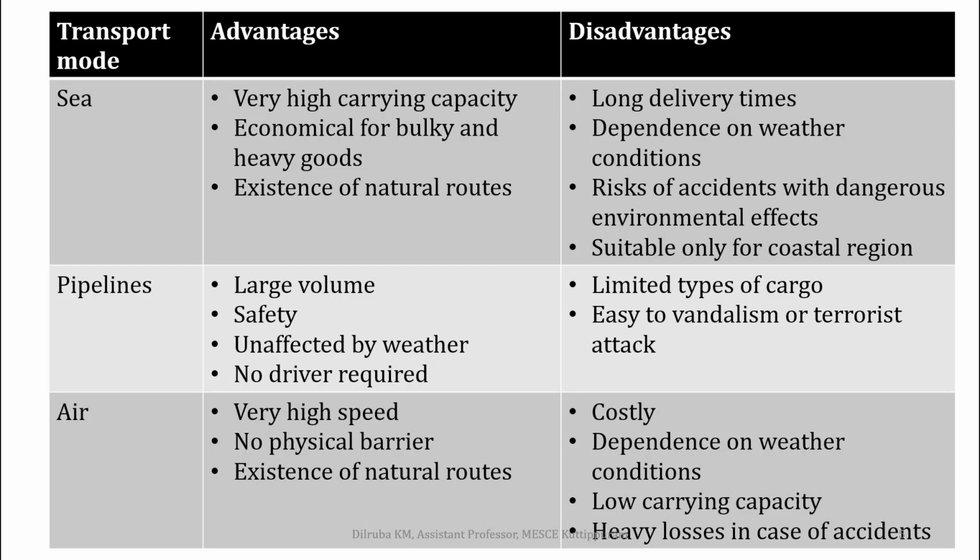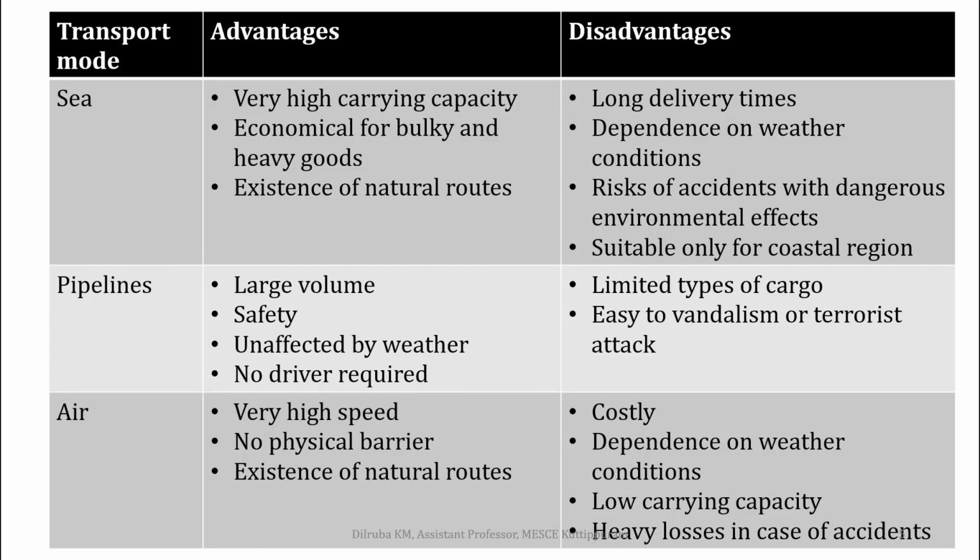And the last one is air. Air has very high speed, no physical barrier exists in air transportation mode, and a natural road exists, obviously, because we don't have to build a route for airways; it is already there.